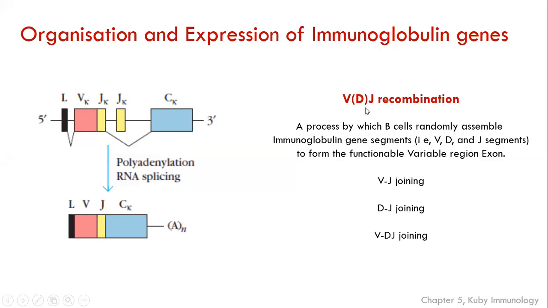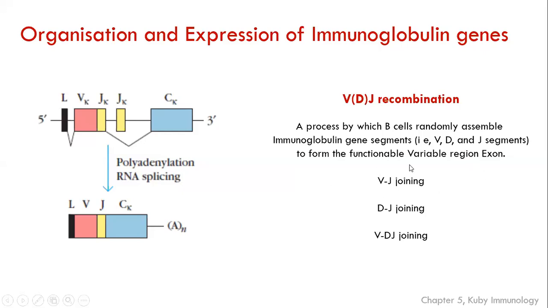It is a process called VDJ recombination, a process by which B cells randomly assemble immunoglobulin gene segments, VDJ segments from either heavy or light chain, to form a functional variable region exon. They will form a variable region exon that differs from one exon to the other based on the combination of the VDJ.